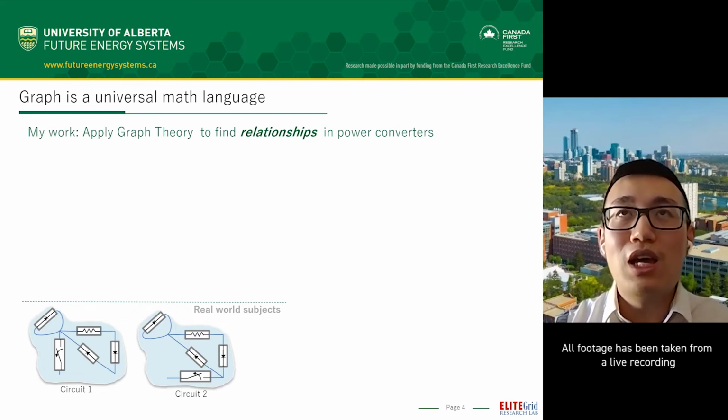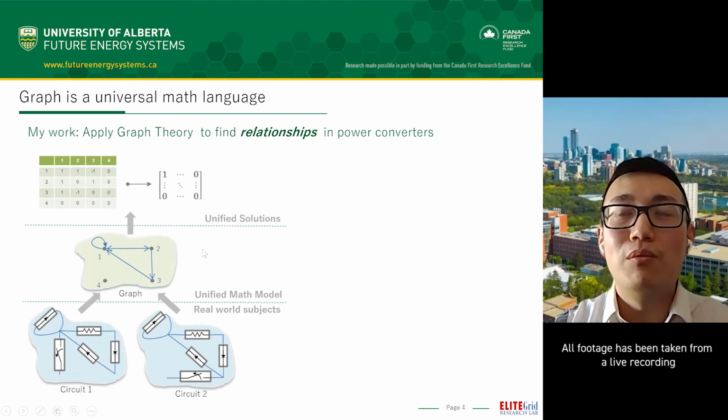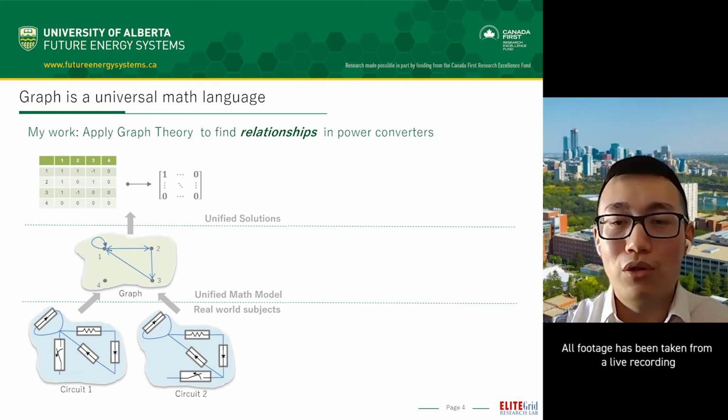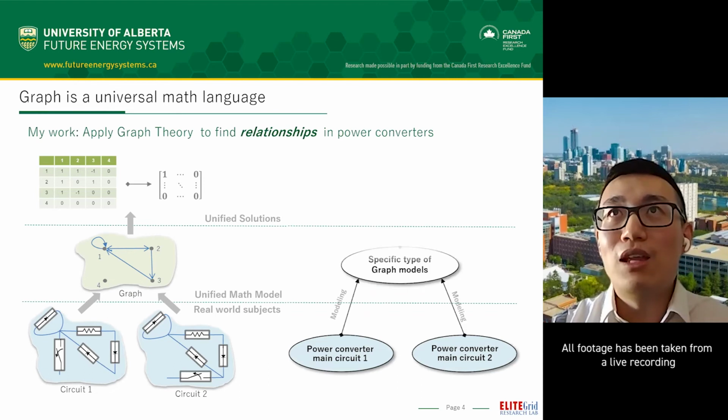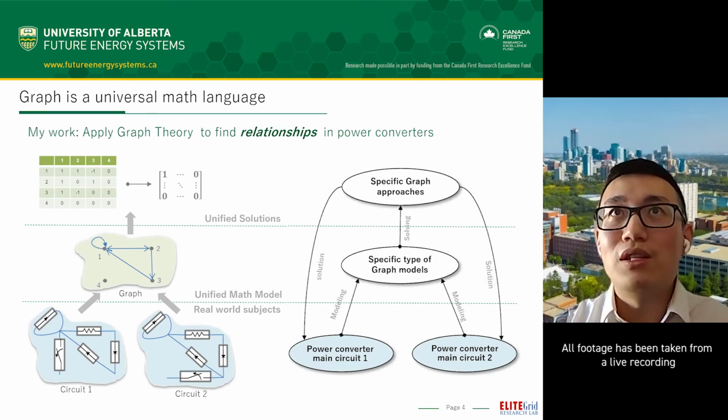For different electrical circuits, we can build graph models and find a unified solution for the uniform models. Following the same philosophy, we can apply a specific type of graph model to power converters, and we can establish graph-based relationships among these different converters.